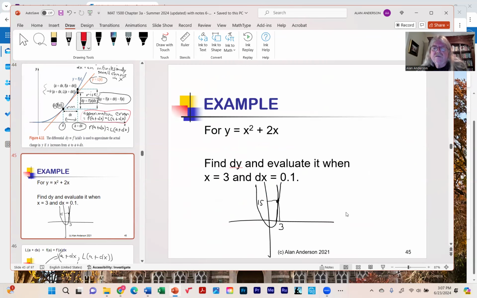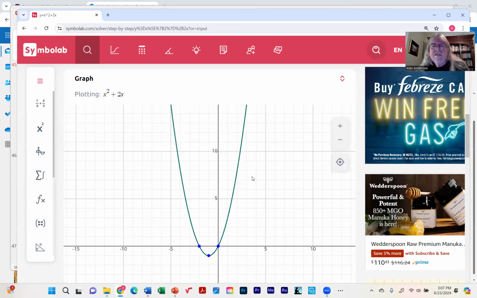Oh, well, it wasn't so bad. Oh, I see why I drew it myself, because you can see we need, when x is 3, right about here, y is 15, which is way up here somewhere. So this sketch isn't too terrible.